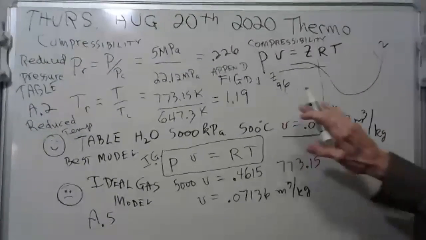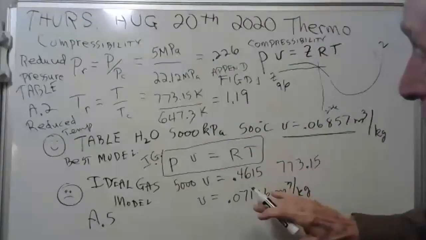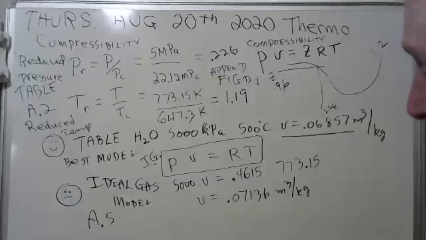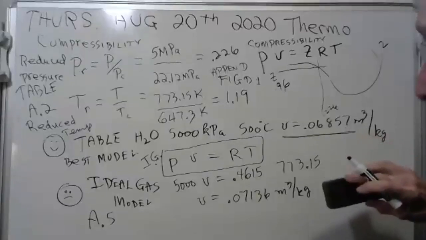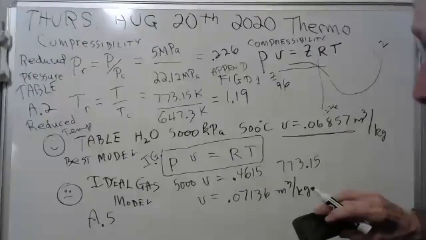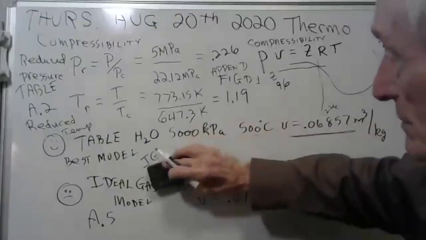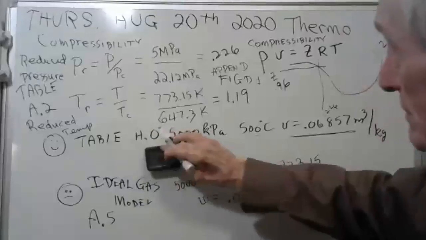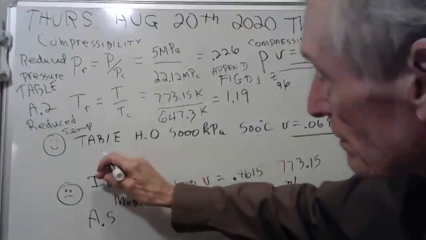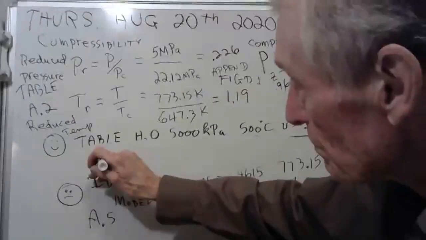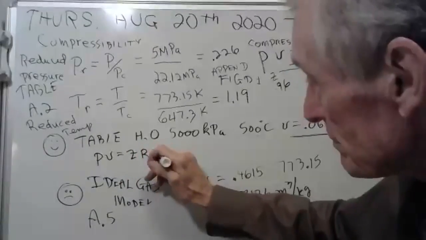I just need a little room here. What we're going to do is PV equals ZRT.